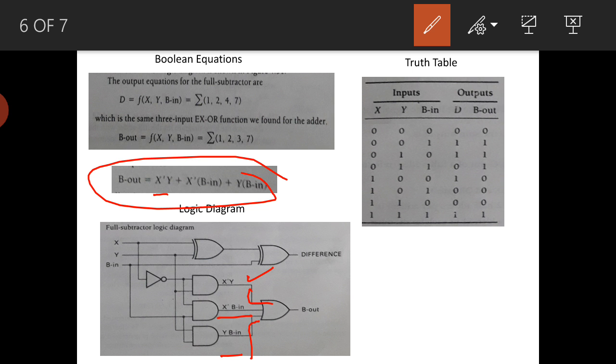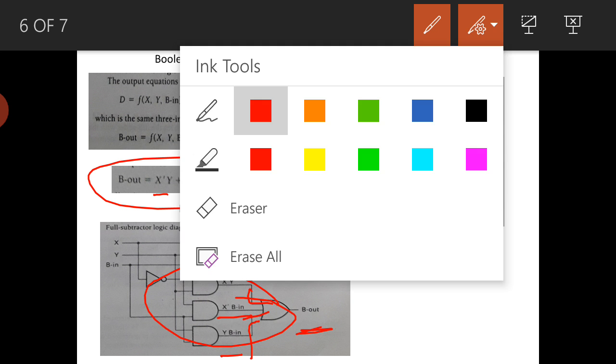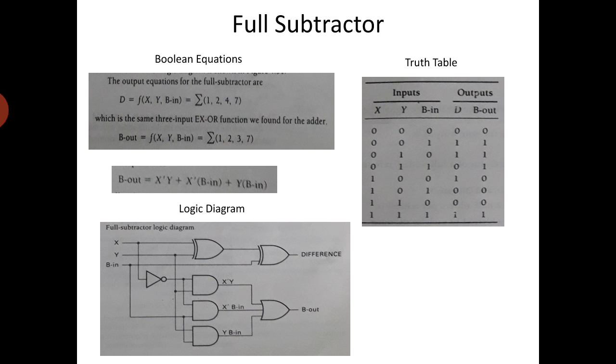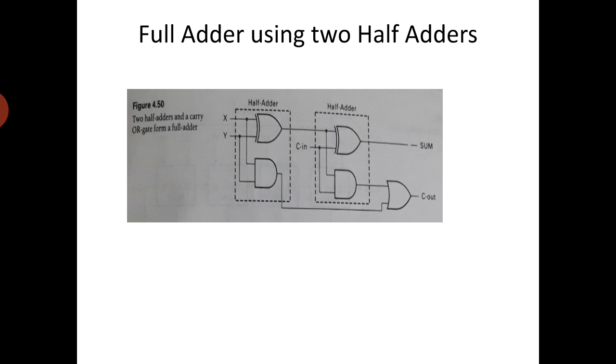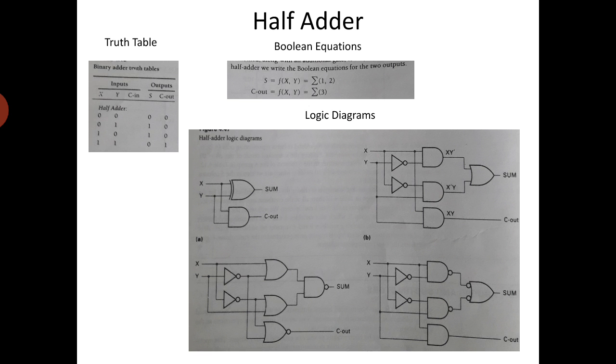All are given to the OR gate, and whatever the borrow Boolean equation is, we realize it using this circuit. So this is the realization of the full subtractor, its truth table, and realization using basic gates. We have seen the full adder and half adder, started with the half adder.